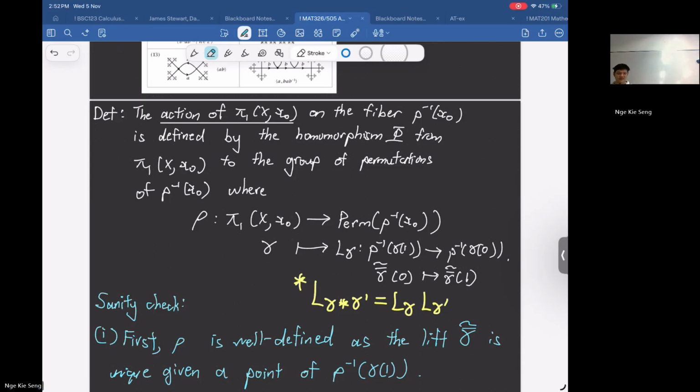Yes. What's L lambda? L lambda is defined by this map here. It's a permutation, yeah. It is a loop.